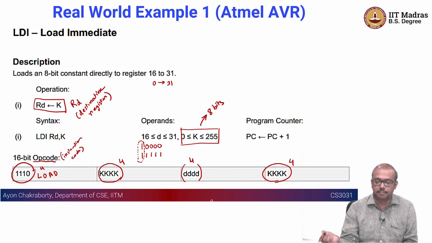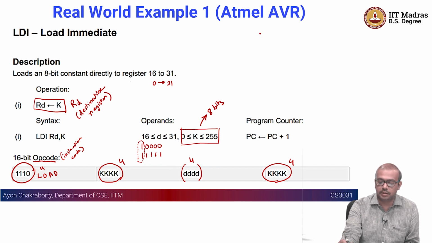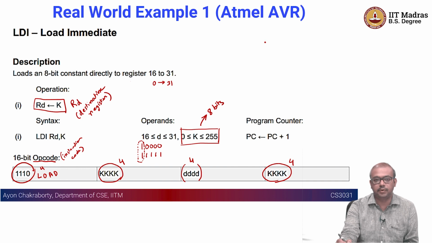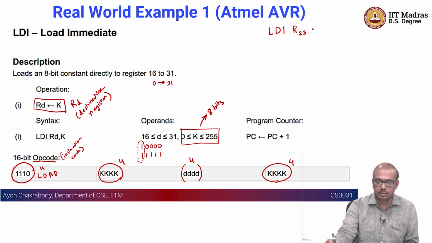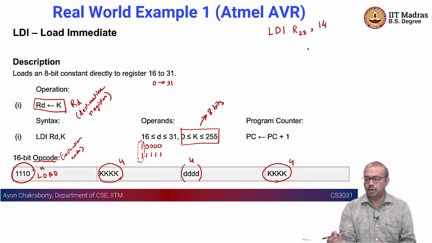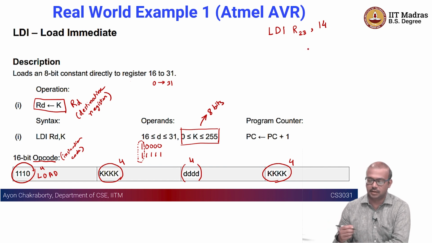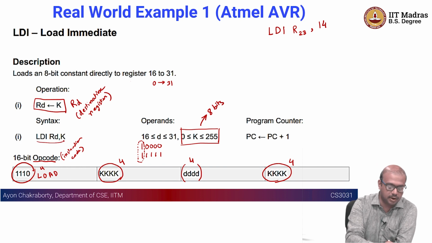To give you an example, let's say I want to load register 23 with a value, let's say 14. I want this instruction LDI, register number 23, so R23, and we are going to load this with the constant 14. 14 is decimal, or it is up to us how we want to define it, but this is the syntax we want to follow.